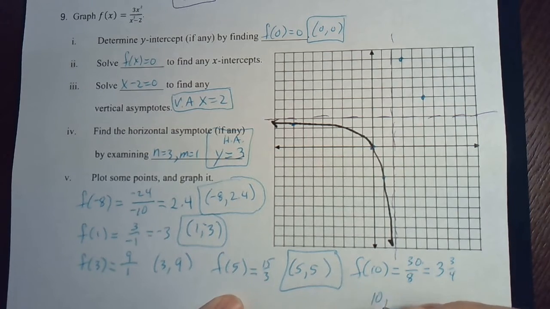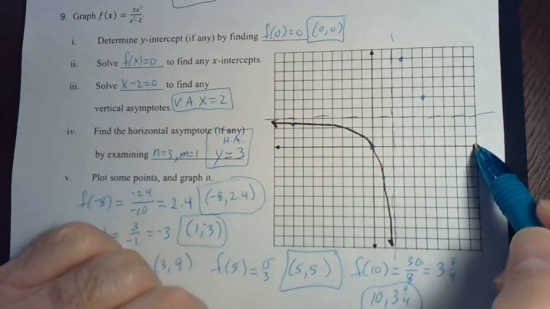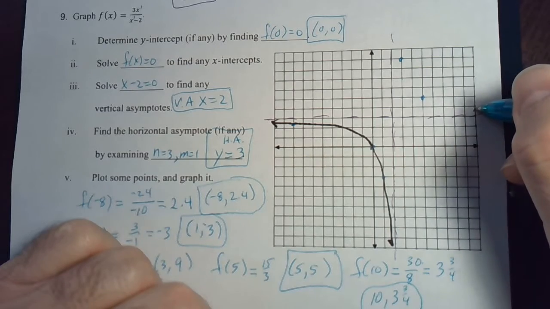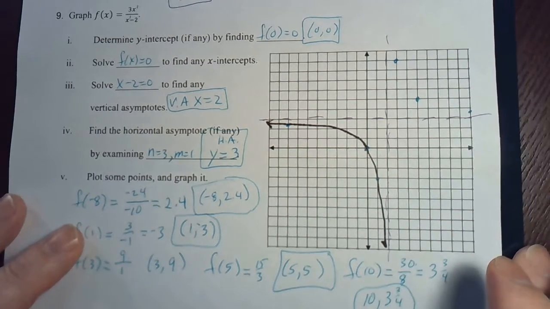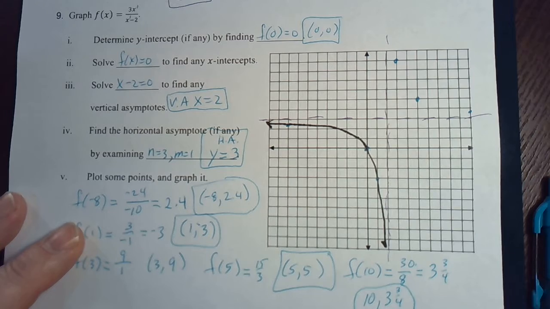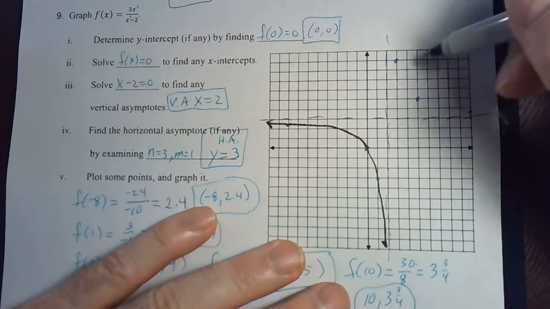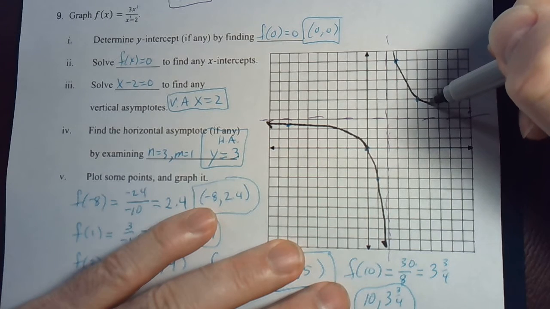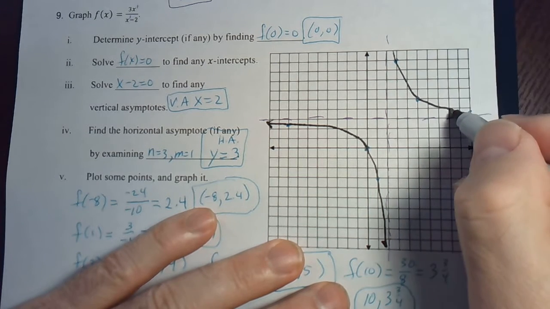So 10 comma 3 and 3/4. 10, 1, 2, 3, there's a little ways above 3. So this looks like the graph will be something like this.